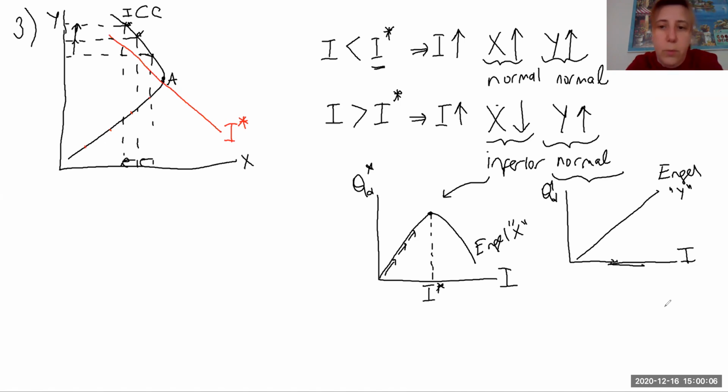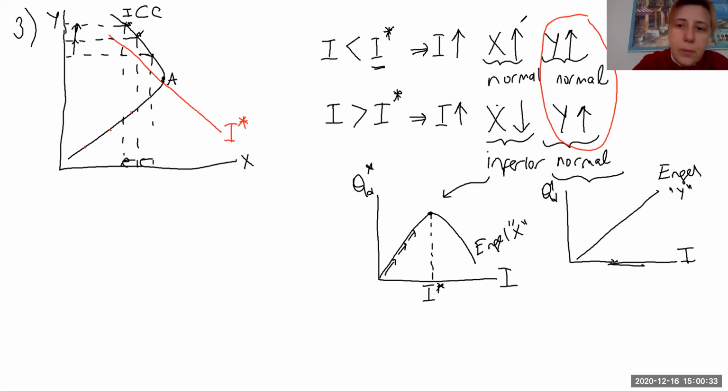Okay, any problem with it? Let's also write what's the income elasticity of demand for good Y. Income elasticity of demand for good Y is always positive, which you can understand from the slope of the Engel curve.